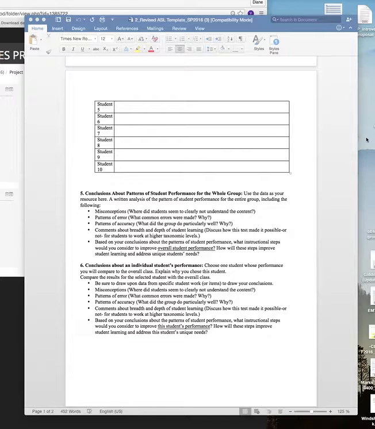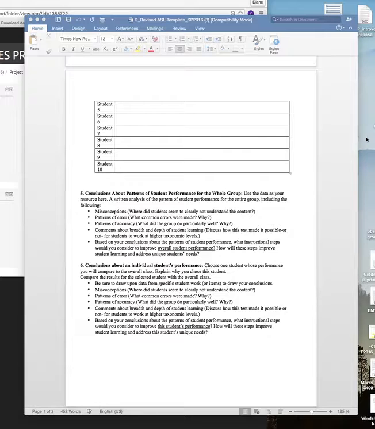And then you want to talk about the breadth and depth of student learning. Just a heads up, the breadth is, does the assessment completely address all of the standards and objectives, all the learning targets that were listed? So that's the breadth.